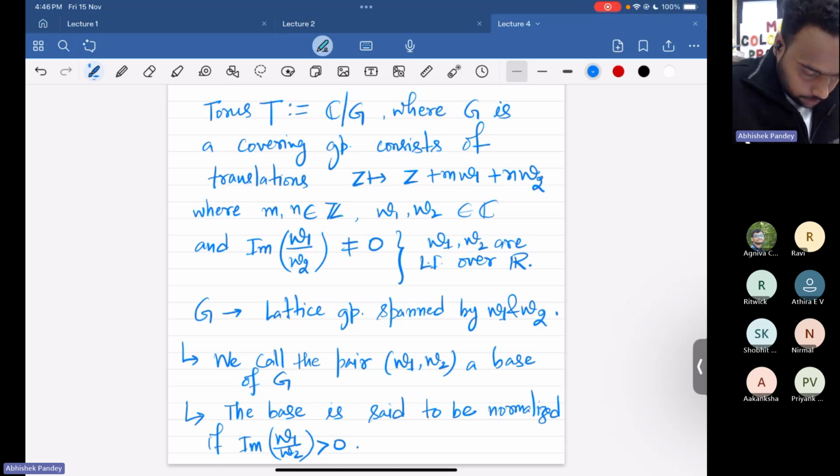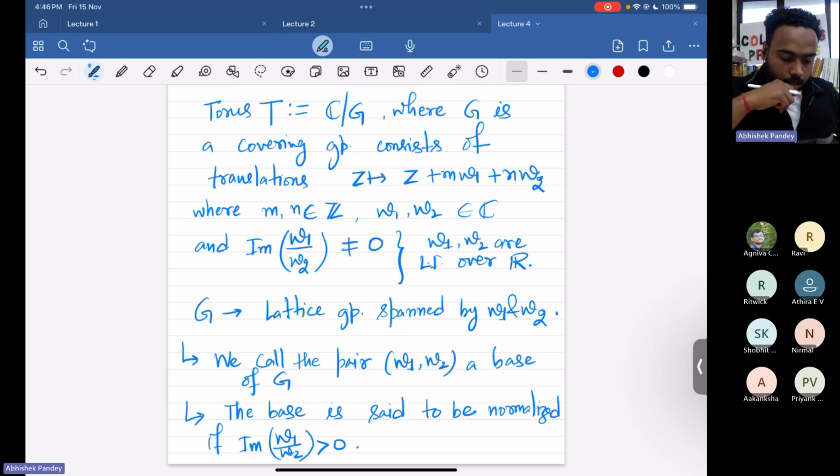Once you change the base, you will again get a different representation of the torus. Obviously, those two will be homeomorphic because each one is homeomorphic to S1 cross S1.